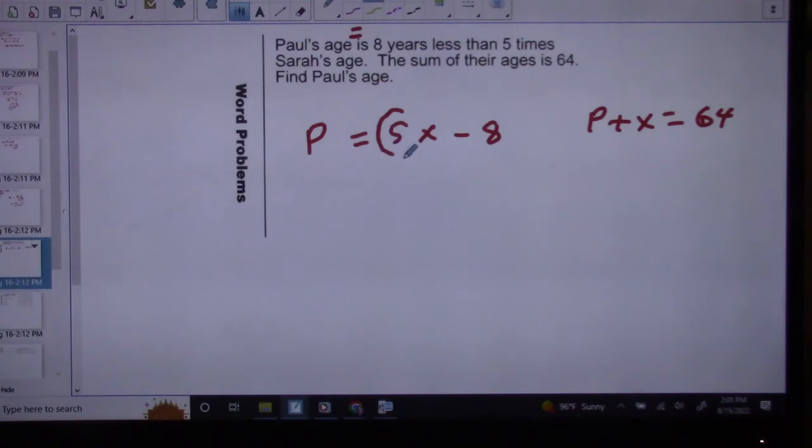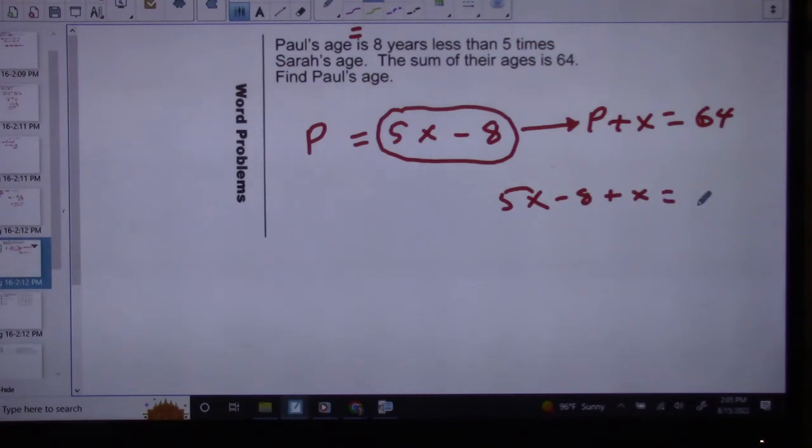Minus X. Now, one thing you can do is a substitution and just replace that P there. So if you do that, you get 5X minus 8, that's replacing the P there, plus X equals 64. And then that's going to be 6X minus 8 equals 64.